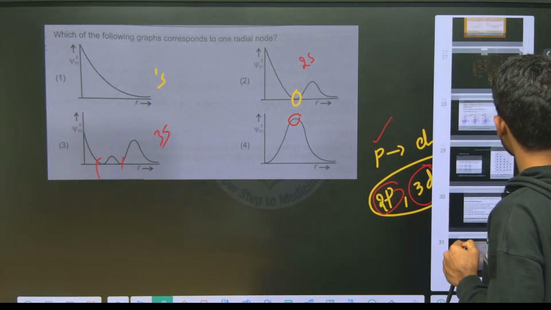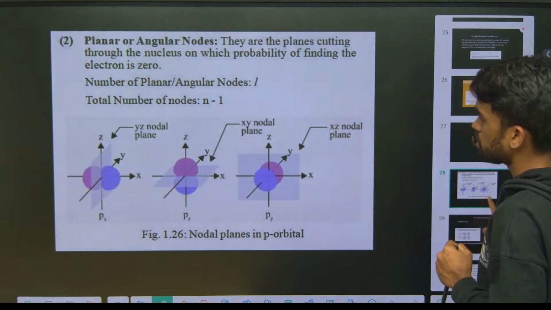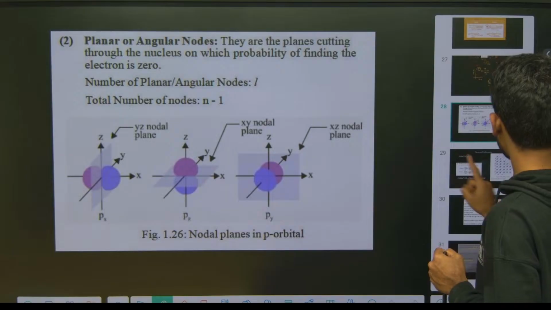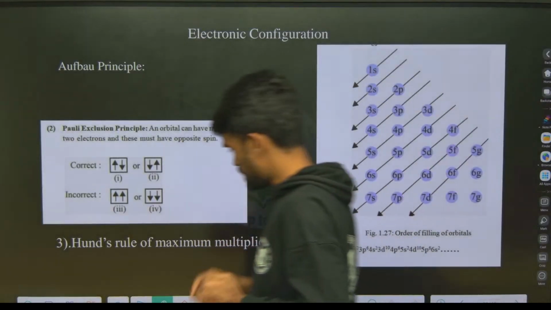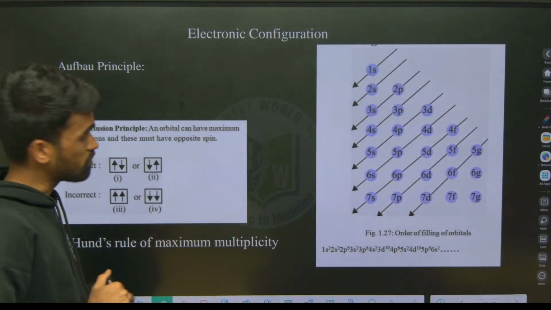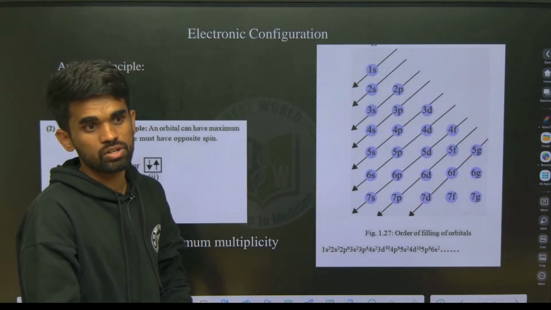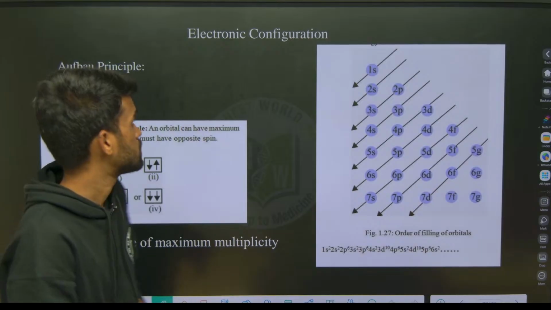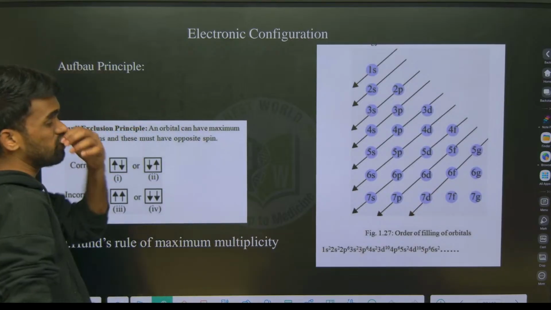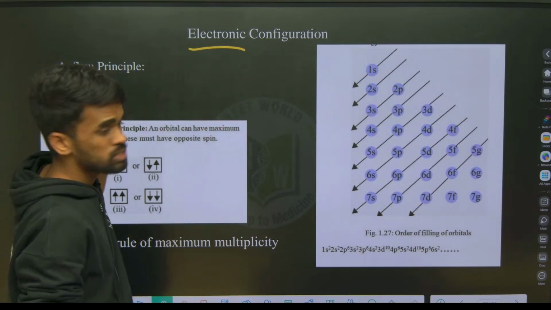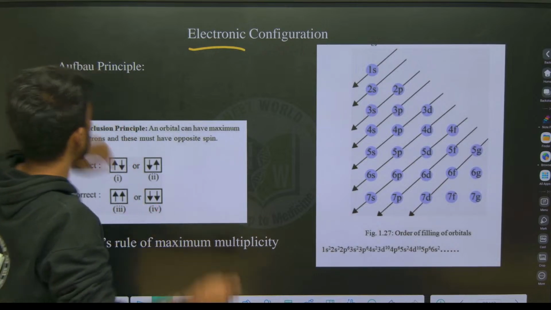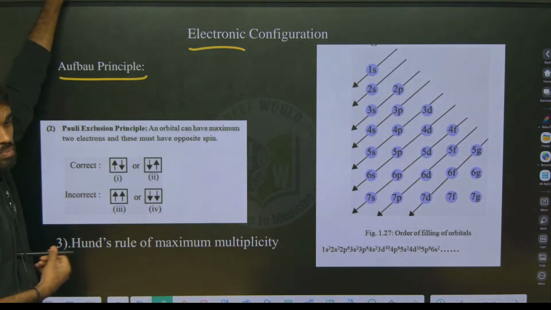Next, we need to study electronic configuration. We have studied quantum numbers, and now we need to fill electrons in those orbitals. For that we need to follow some principles or rules. The first one is the Aufbau principle.